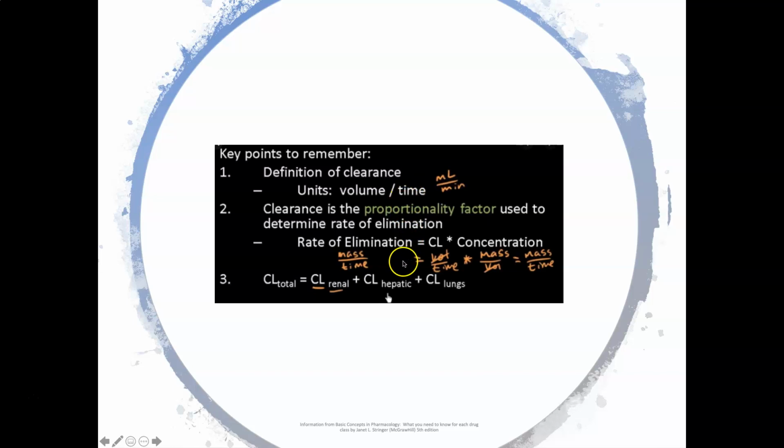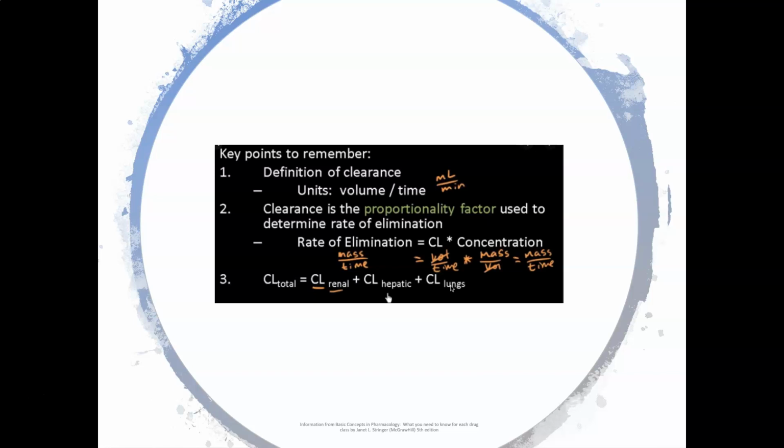And then you're looking at your rates of elimination, and that's going to include what comes out of the renal system, which is your kidneys, your hepatic system, which is your liver, that first pass effect, and then it may also involve lungs, depending on if that is an area that is involved in the whole process.